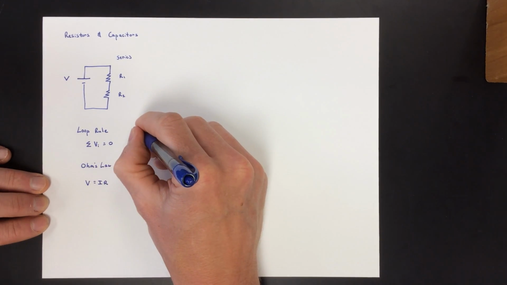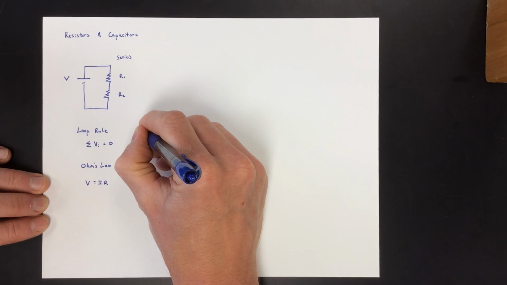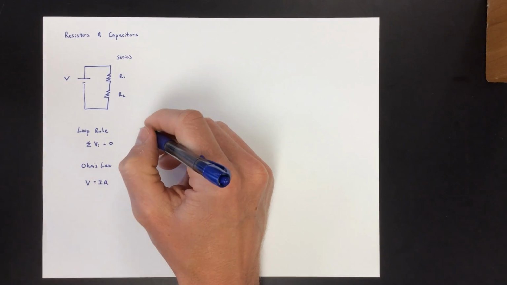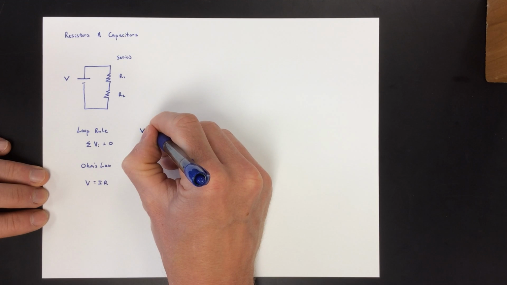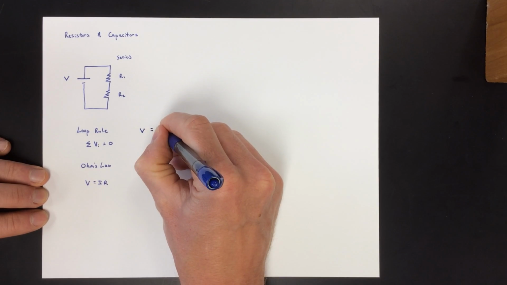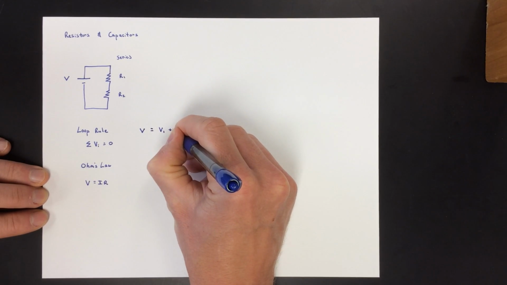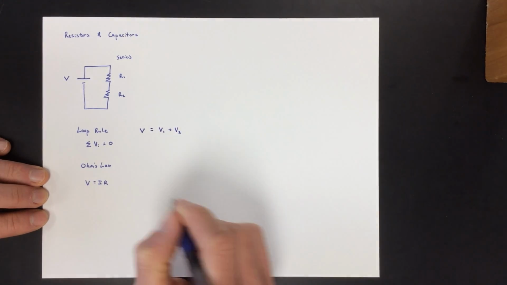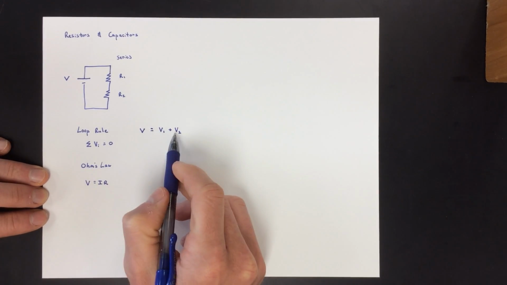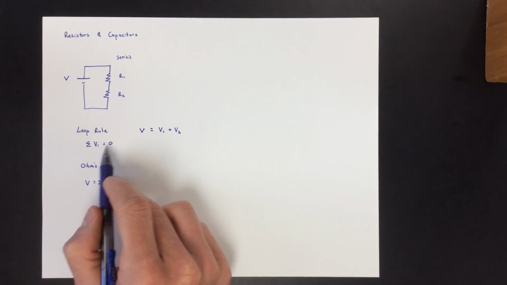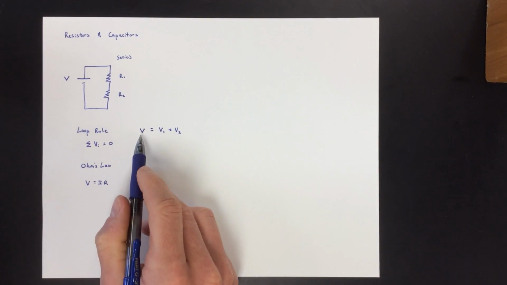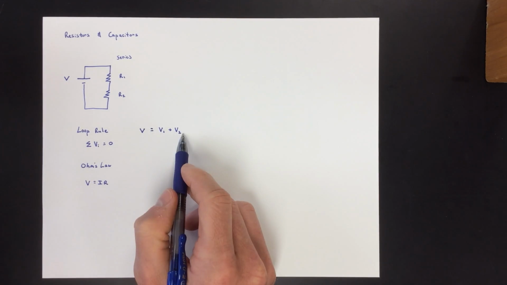The gain of the battery has to equal the losses over the resistors. I can do this minus this equals 0, or I could just set the gains equal to the losses. Hopefully you're okay that those two are saying the same thing. The gain of the battery equals the two losses.